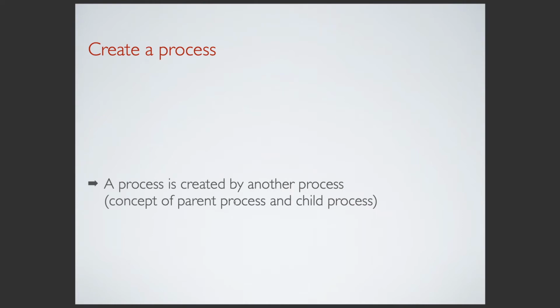So here, the idea is that in every operating system, by the way, Windows, Linux, and so on, a process is created by another process. And there's always a concept of child process and parent process. Of course, there's a chicken and egg problem here. There is a process 0 that is created by the bootloader, by the OS when it starts.